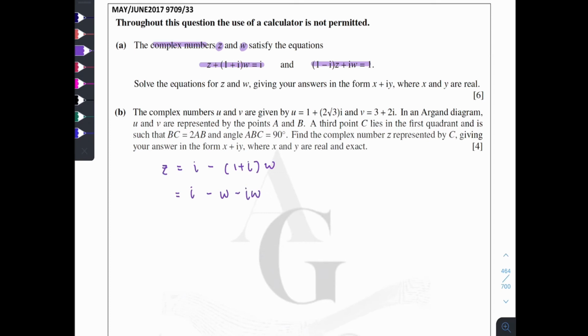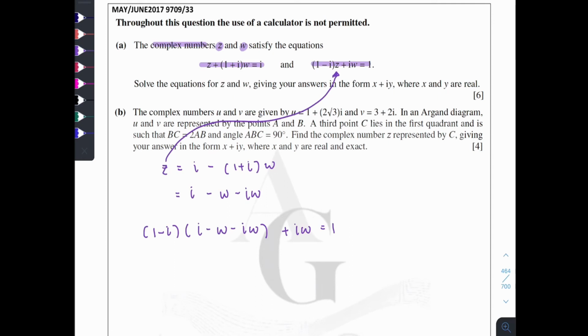Then we can substitute this z into the second equation, which is (1 minus i) times (i minus w minus iw) plus iw equals 1.